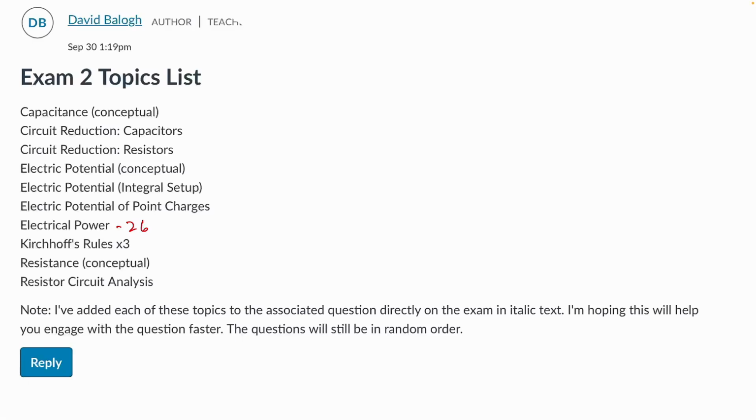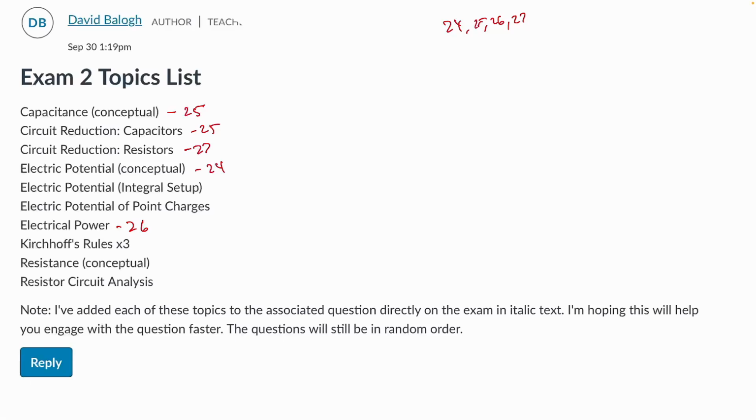So capacitance was chapter 25. This was circuit reduction with resistors, I think is 27. Oh my gosh, I hope I'm getting this right. We started with 24, right? It was 24, 25, 26, and 27, right?